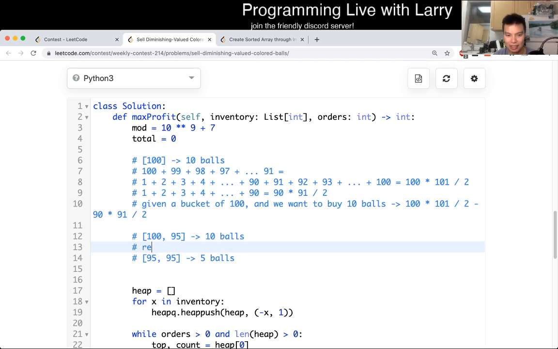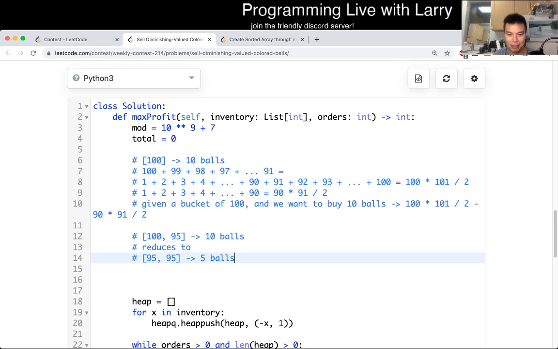It reduces to this problem, 5 boards left, plus buying 5 boards from this, 5 boards left, right? And that's the math, so those are the two cases.